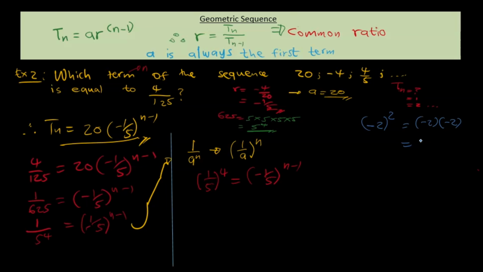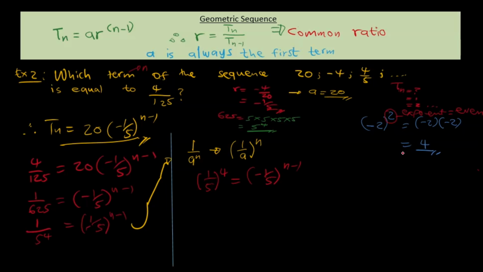Negative times negative is positive, 2 times 2 gives you 4. The exponent is an even number. That is why I always get a positive value.